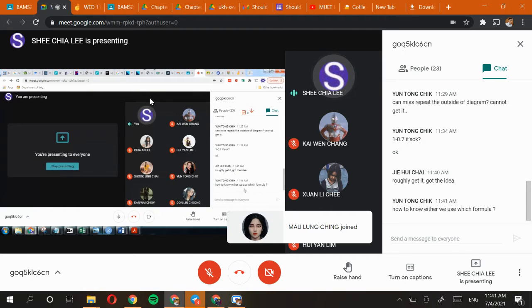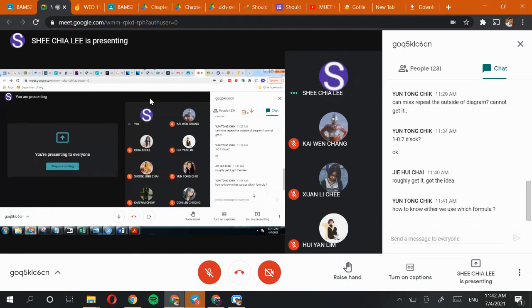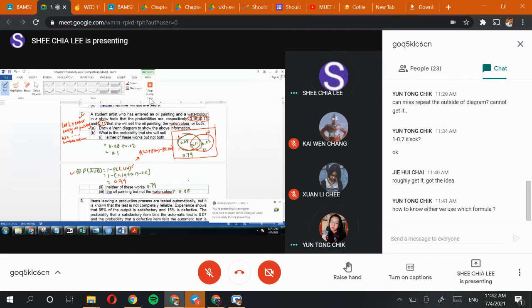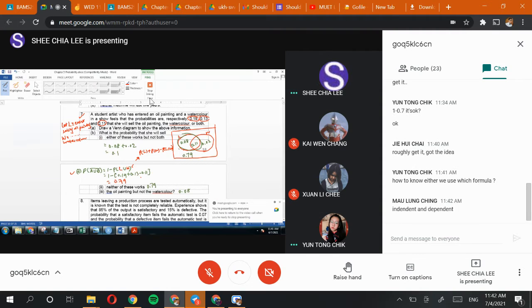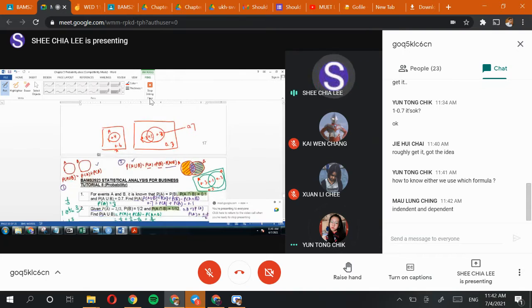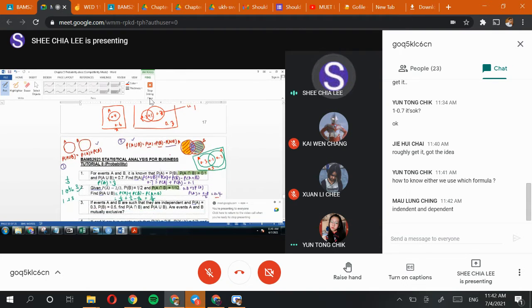How do we know which formula to use? Yun Tong, which formula do you mean? These two formulas, right? As I told you, you see whether there's an intersection or not.